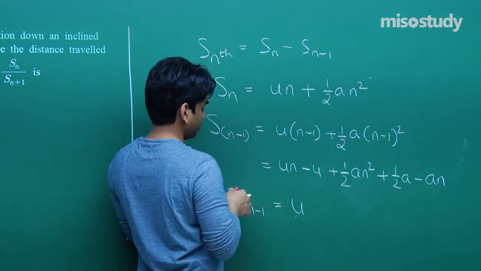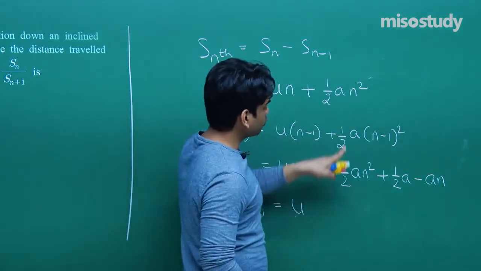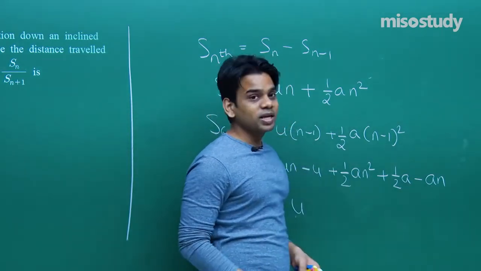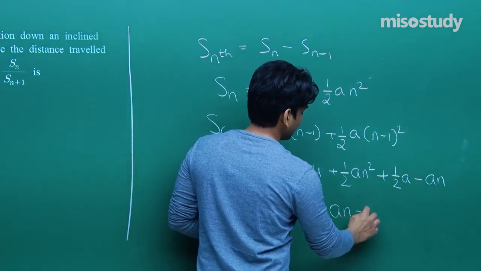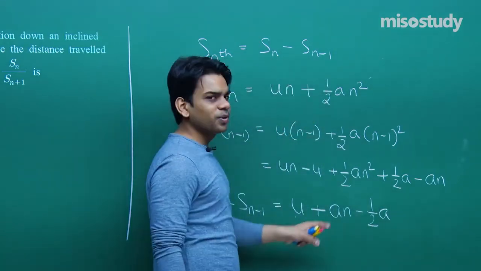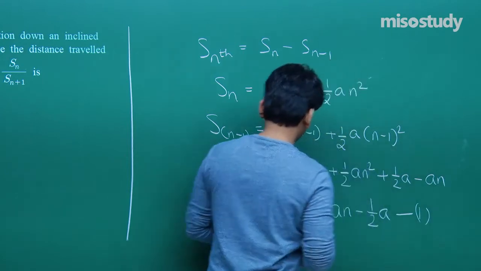So we used how many terms? We used this term, this term, this term. Half an square will be cancelled out. This will be minus half a and this will be plus an. Plus an minus half a. So you can remember this equation for distance traveled in nth second.